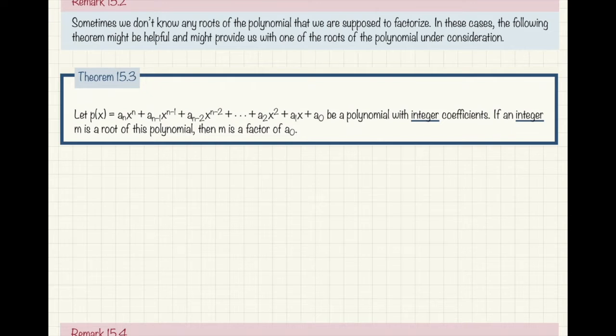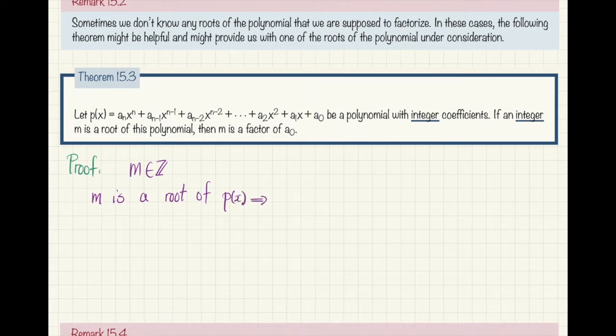So let me write the proof for you here. So, proof. What we know? We know that m is an integer. We also know that m is a root of p of x. So what does it mean?